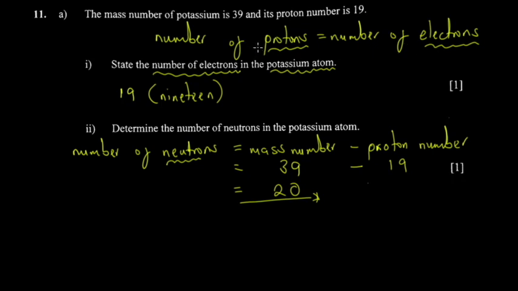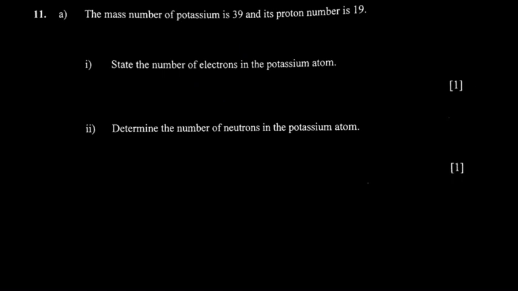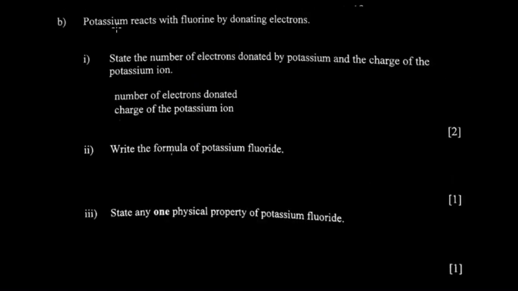Okay, let's move to the next part. It says potassium reacts with fluorine by donating electrons. State the number of electrons donated by potassium and the charge of the potassium ion.